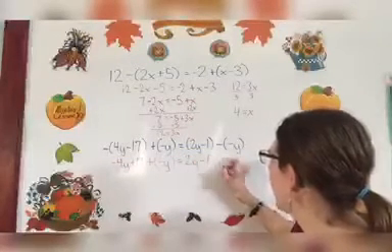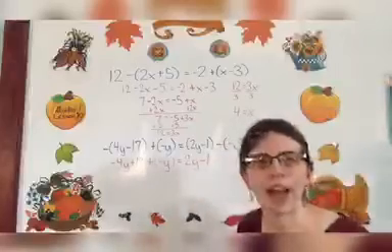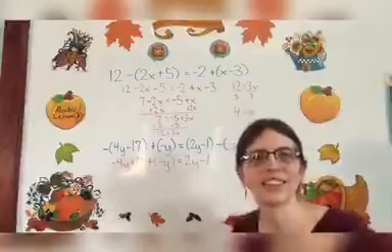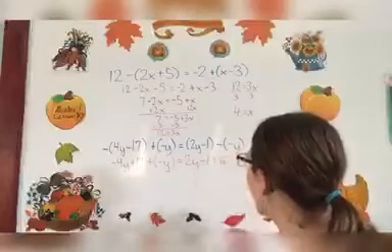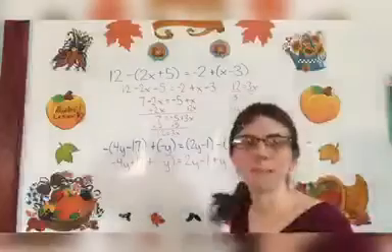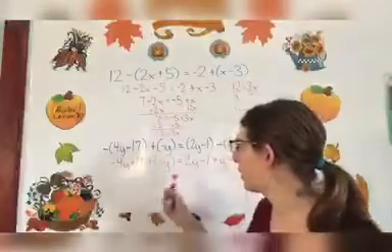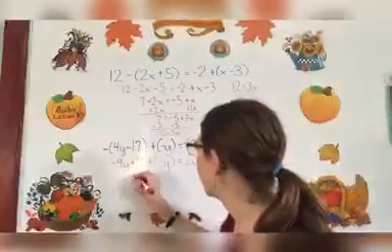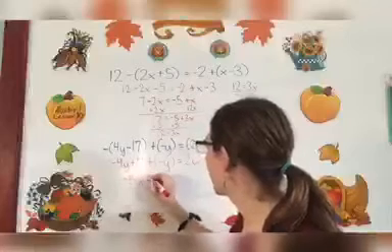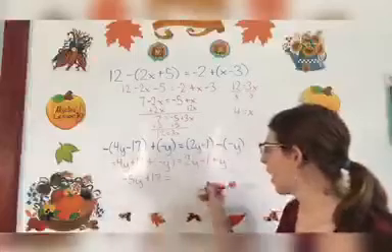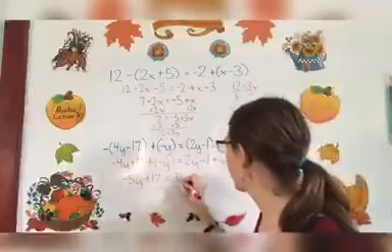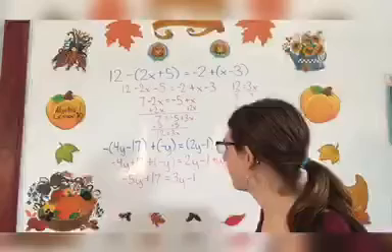2y minus 1 minus a negative y. Well, when you subtract a negative, that's the same as adding. So I'm adding y. Okay, now I'm going to combine my terms. Negative 4y plus a negative y is negative 5y plus 17 equals 2y plus y is 3y minus 1.